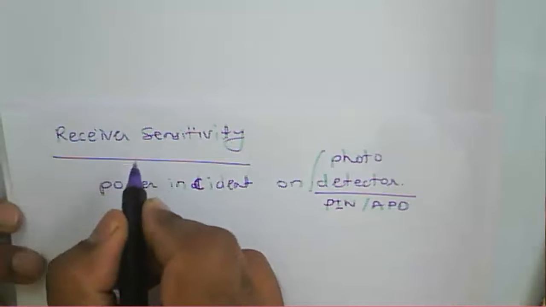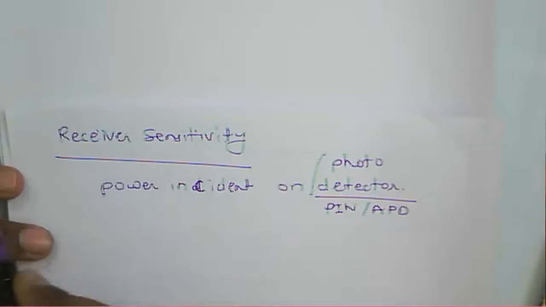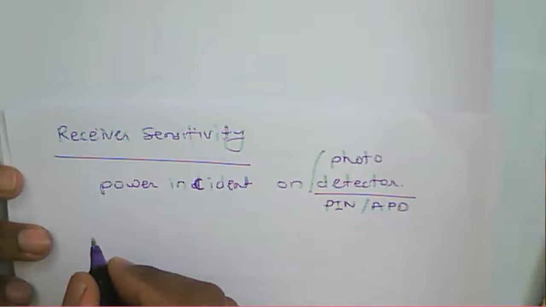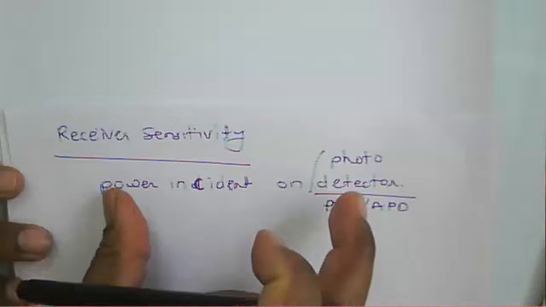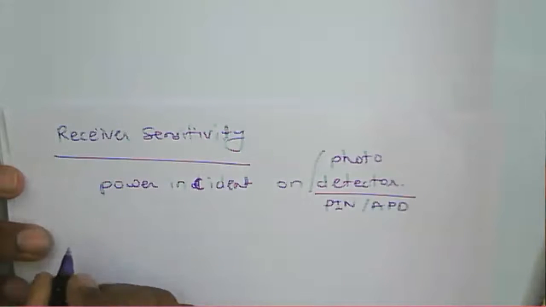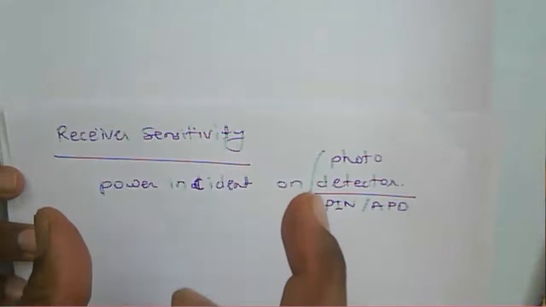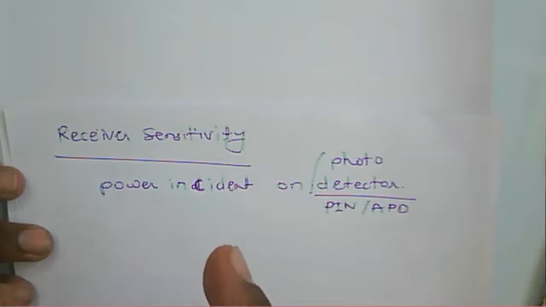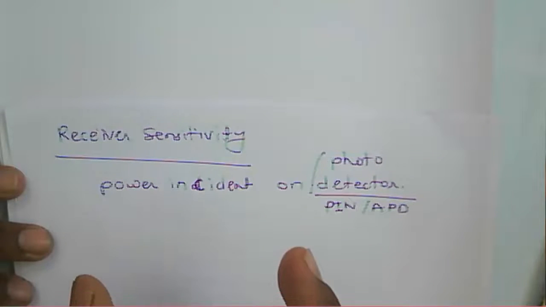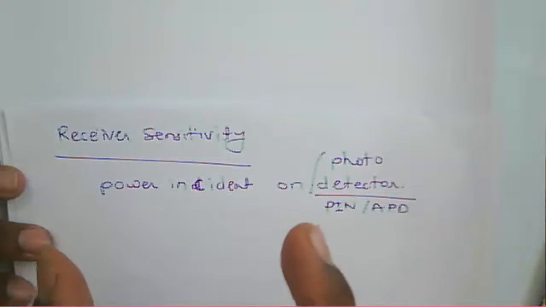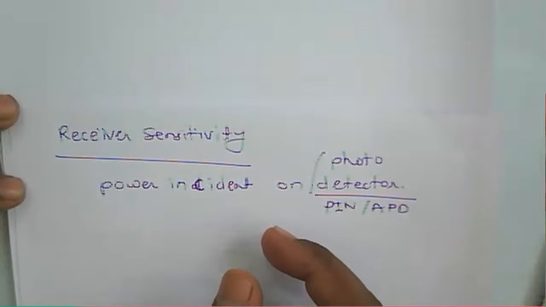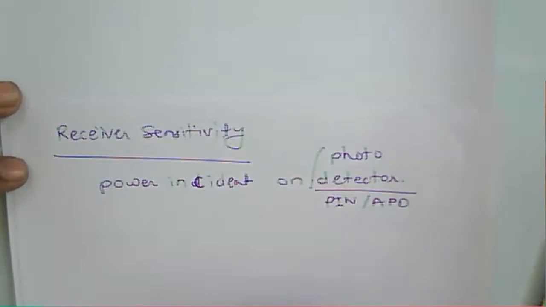So according to that, we can find out the receiver sensitivity. And that receiver sensitivity will give what will be the minimum power required so that the detector detects that particular signal there.